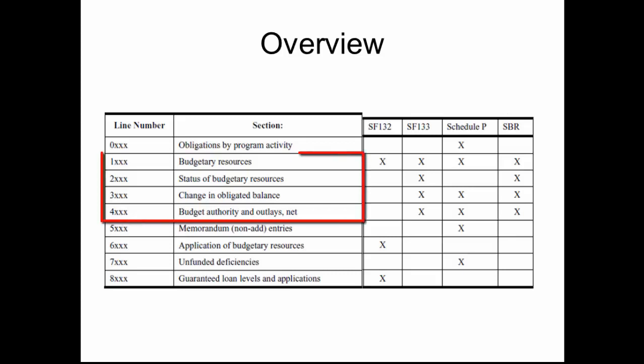Note the 4 sections that make up the SF133. Line numbers that begin with 1,000, 2,000, 3,000, and 4,000. Let's take a look at each section.